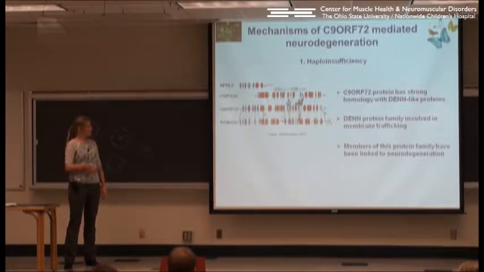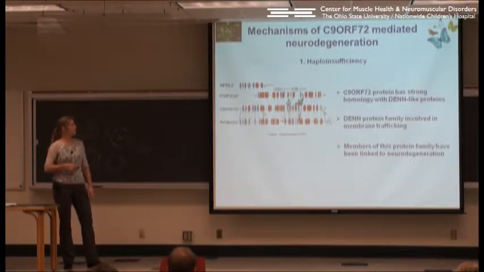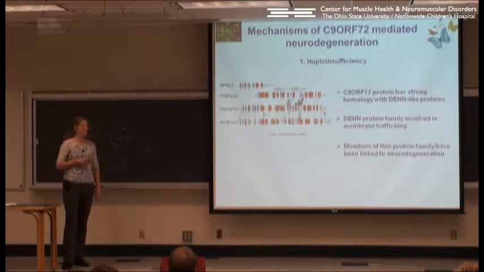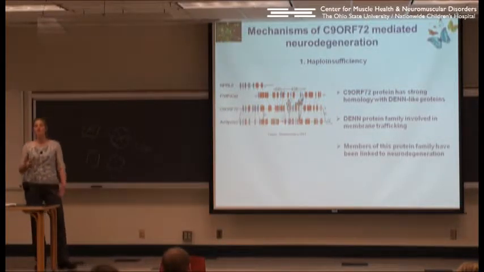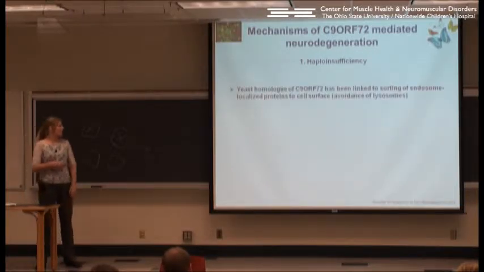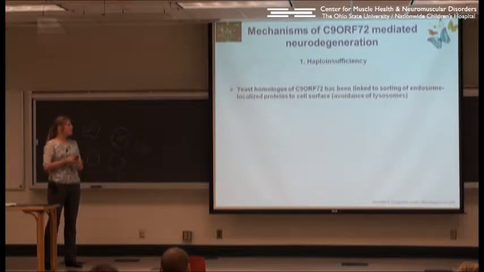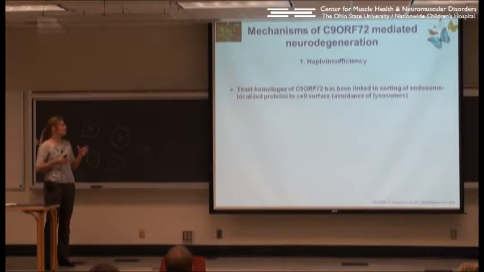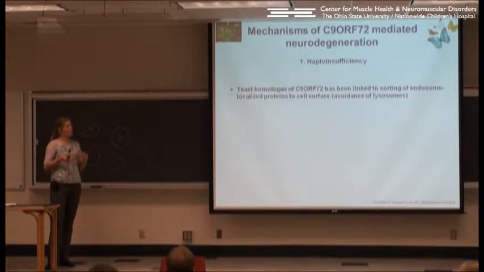And the protein family itself is involved in membrane trafficking. And members of this protein family have been linked to other neurodegenerative diseases per se, so that's an interesting link. In addition, yeast homologs of the C9orf72 protein have been linked to sorting of endosomes and lysosomes to the cell surface.